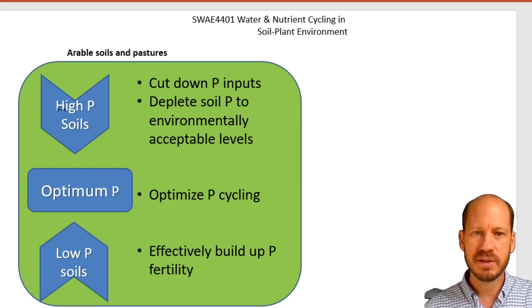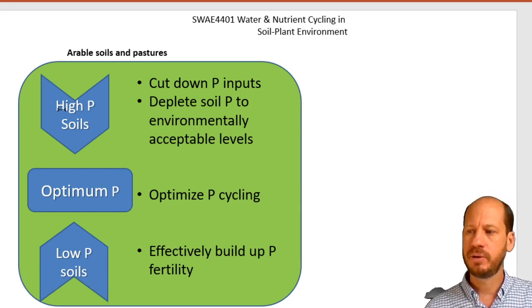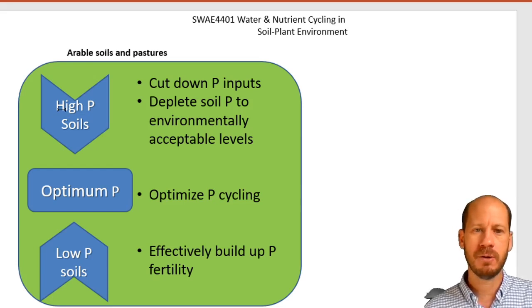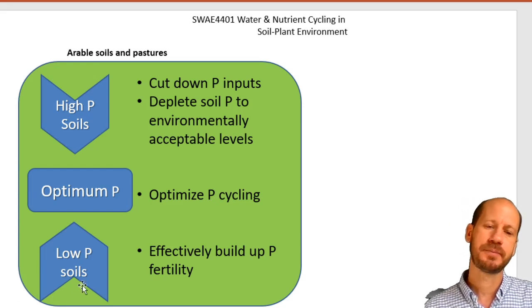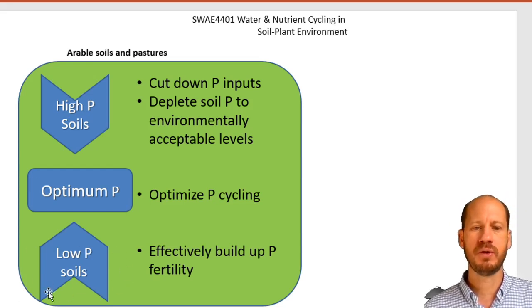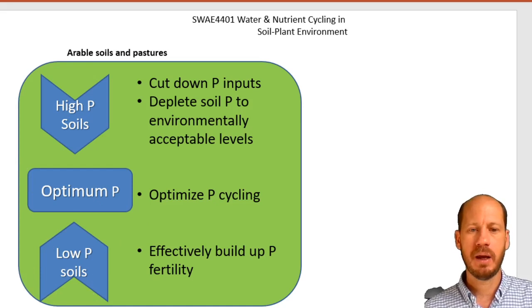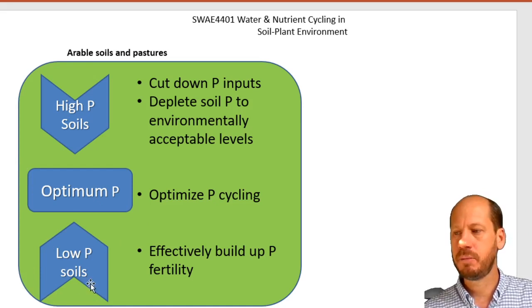If you have an intensive cycling and return of the crop residues into the soil, this will work quite well if you have a history of phosphorus fertilizer application on these systems. So if you have low phosphorus soils, you will need to apply organic fertilizer coming from different areas.